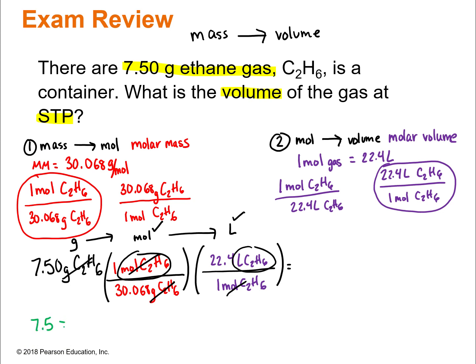7.5 divided by that molar mass multiplied by molar volume. You should get 5.59 liters as your final answer.